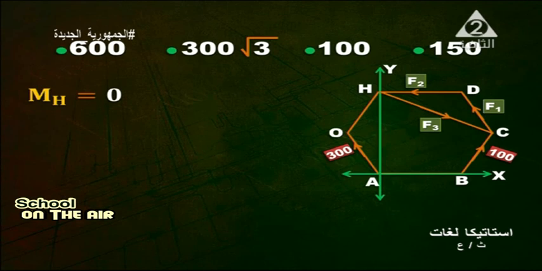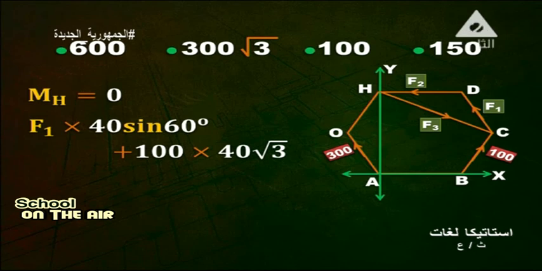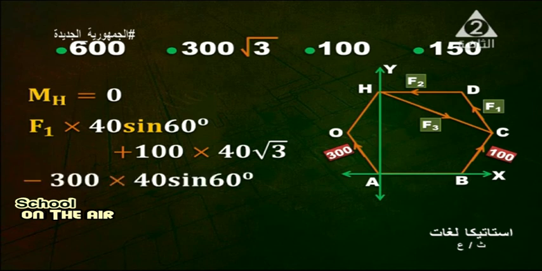To calculate F1, my dear student, we can cancel F2 and F3 by using the moment about H. Moment about H equals 0. Therefore, F1 multiply the perpendicular distance between H and F1, 40 sine 60, plus 100 times HC, or 40 root 3, negative 300 times 40 sine 60 must be equal 0.